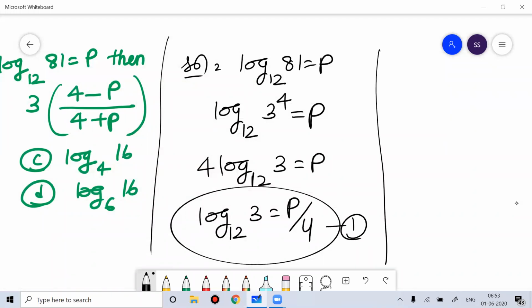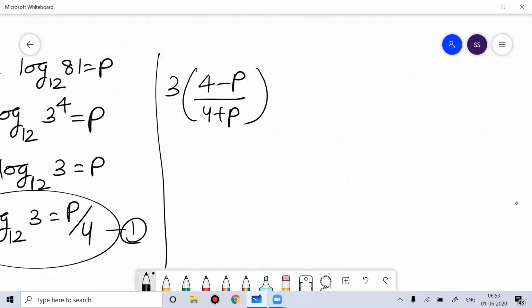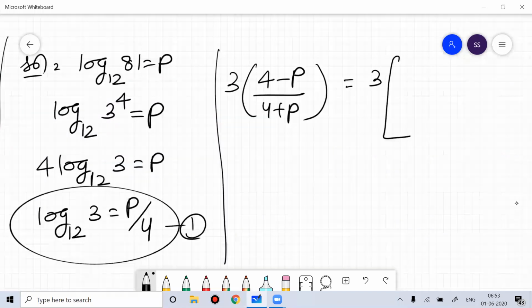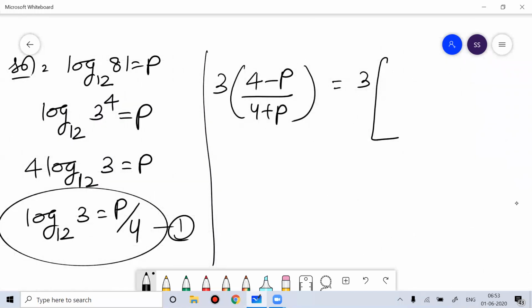Then you have to find the value of p times (4 minus p) by (4 plus p). I can put this value in place of p, or I can write the same thing as (1 minus p by 4) divided by (1 plus p by 4).